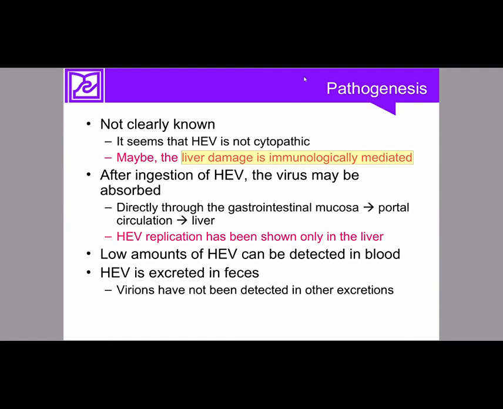What's the difference with hepatitis A? Hepatitis E virus cannot replicate in the intestine. This is one difference with hepatitis A. To my knowledge, hepatitis E replication is only possible in the liver.